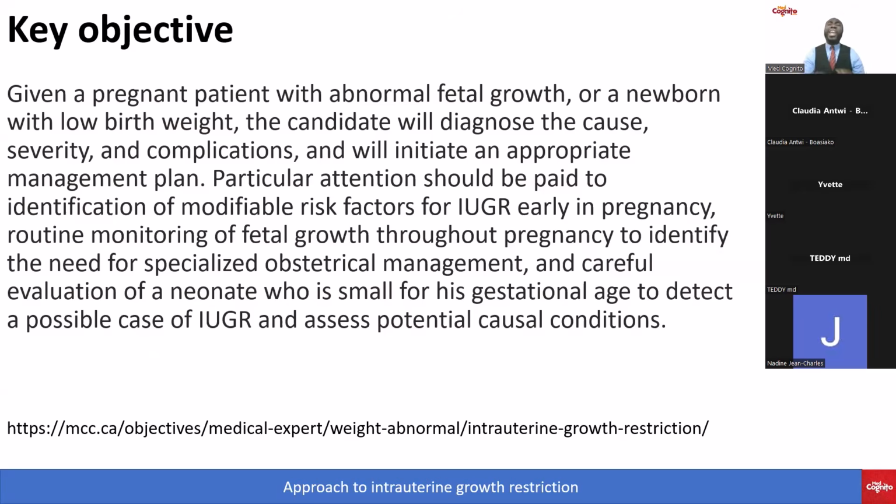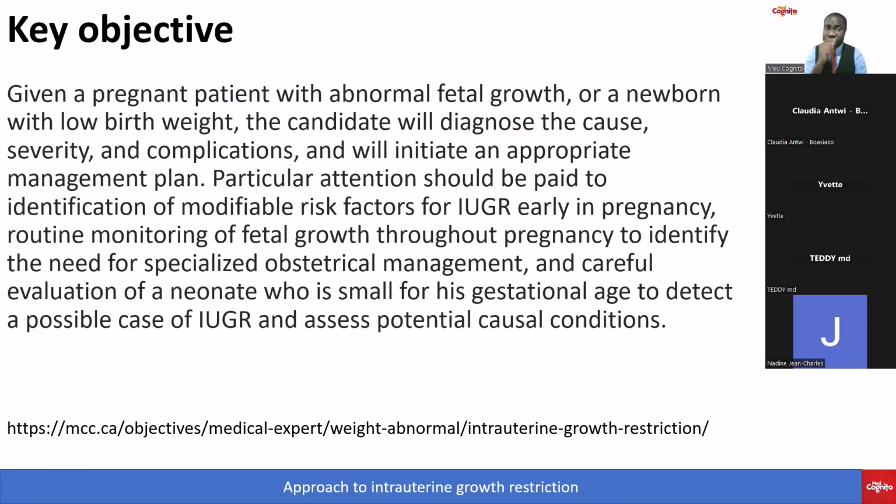Look, this is a long write-up. So the question is this: how do I break this down? If I'm learning IUGR, what are the things I need to pay attention to? Number one, particular attention should be paid to identification of modifiable risk factors. So as you are learning whichever book or whichever resource you are using, ask yourself, is the resource talking about identifiable, modifiable risk factors?